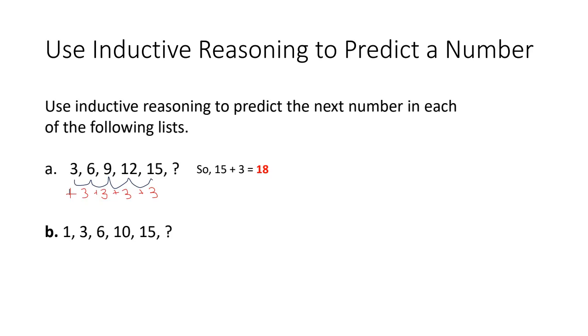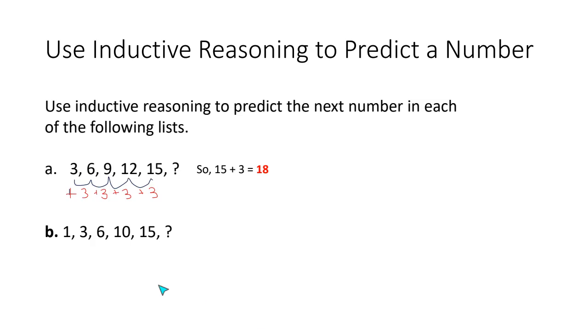If we look at it carefully, we're seeing that 3 plus 3 gave me 6. 6 plus 3 gave me 9. 9 plus 3 gave me 12. 12 plus 3 gave me 15. So by inductive reasoning, I can assume that the next term would be 15 plus 3, which is going to be 18.